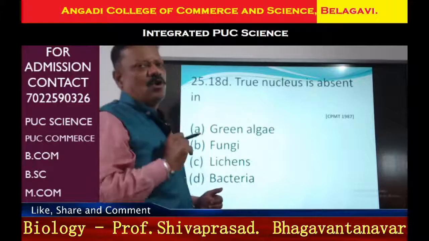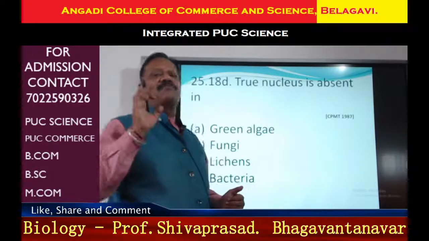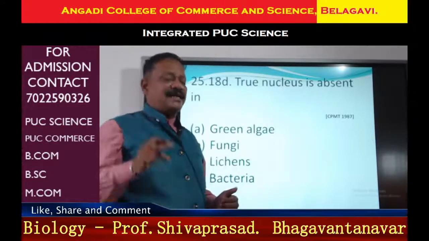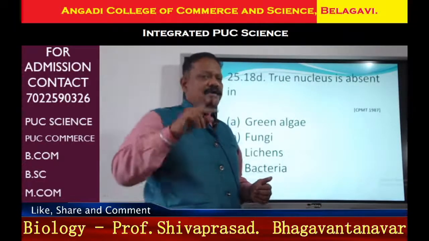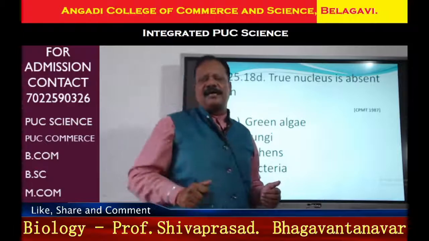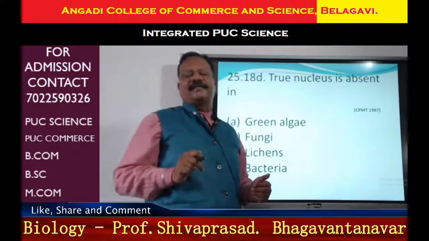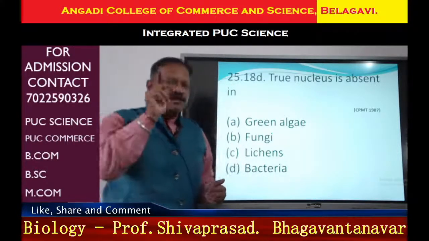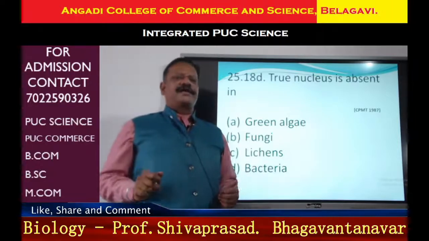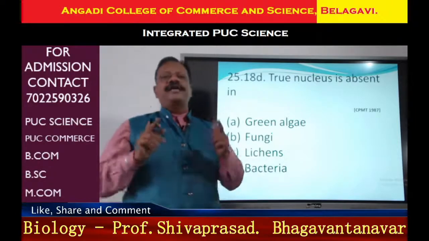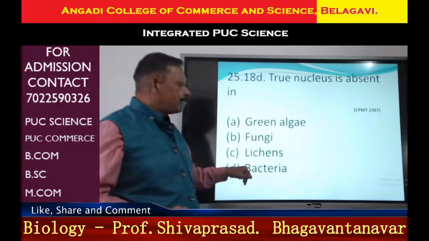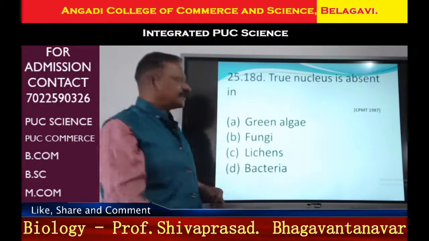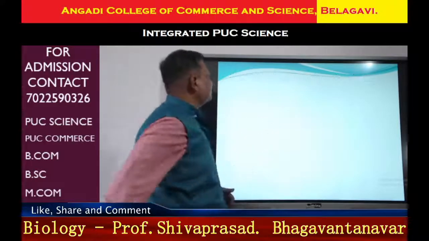So in case of prokaryotic cell, the true nucleus is absent, that is, membrane-bound nucleus is absent. So only circular DNA you are observing and you are calling it a nucleus, but it is a false nucleus, so we call it nucleoid or incipient nucleus. So option D, bacteria is the right answer. We'll move to the next.